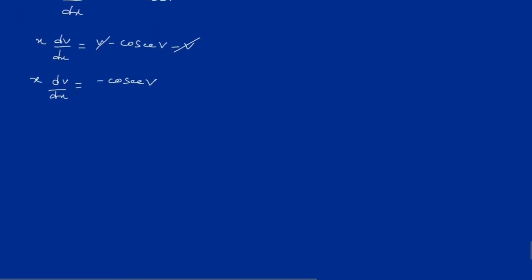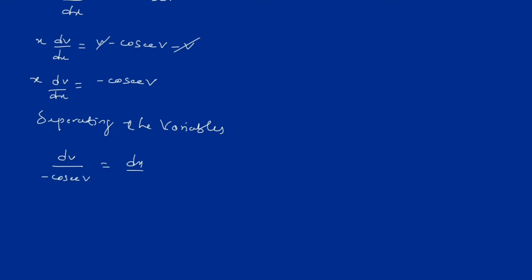So now separating the variables here, we get dv upon minus cosec v equals dx upon x.